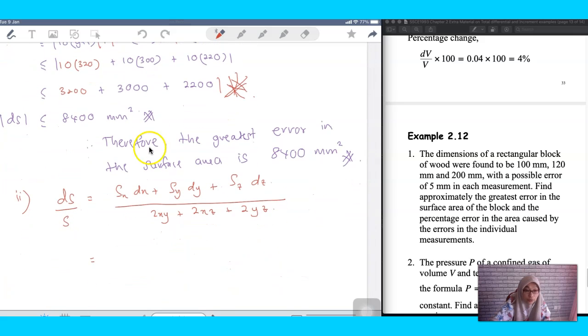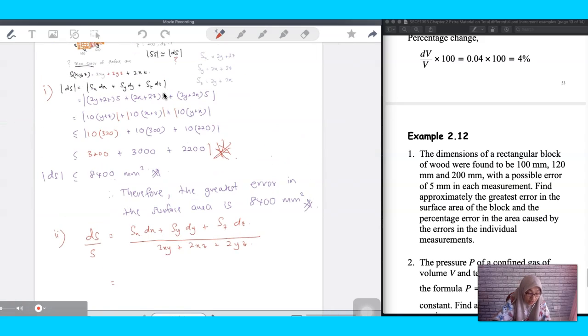In this case, even without the absolute sign, you would get the same answer, because from the question they are all positive. If you just ignore the absolute sign, the answer will be the same.